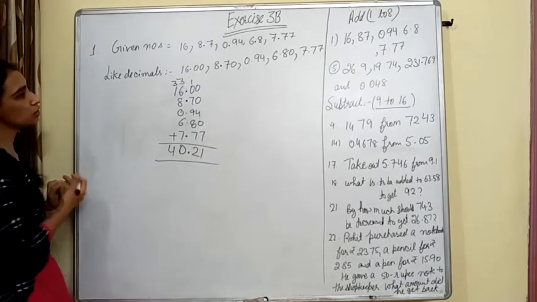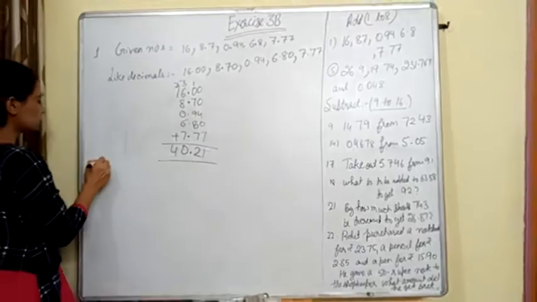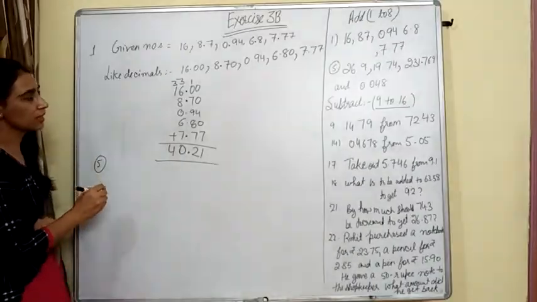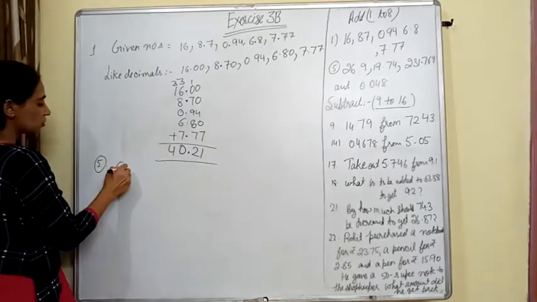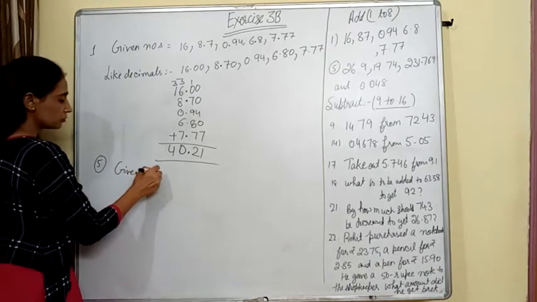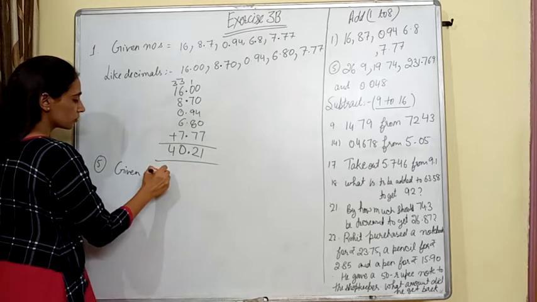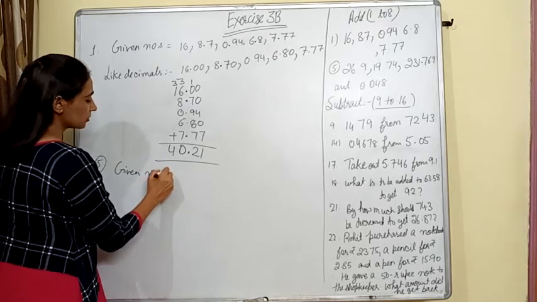Okay. Now I have taken the fifth question. In that, first you will write the given numbers. What are the given numbers?